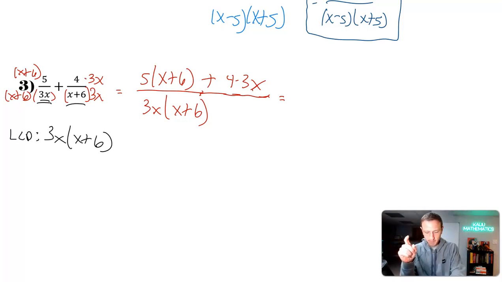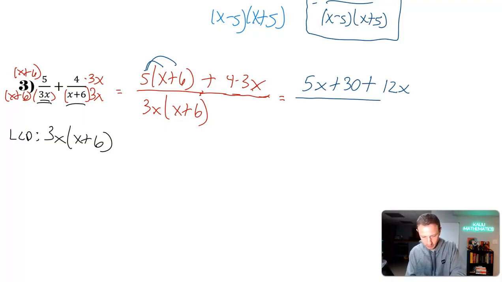But now on top, we have 5 times x plus 6. So 5 times x, 5 times 6, 4 times 3x. 5 times x is 5x. 5 times 6 is 30. Plus 4 times 3x is 12x over 3x times x plus 6.